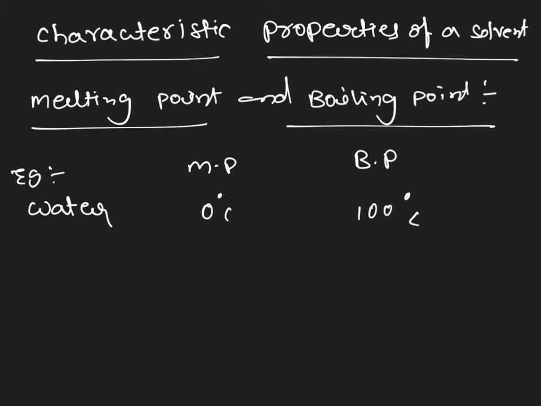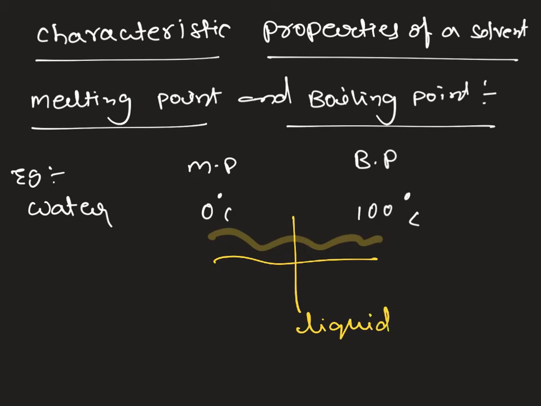So the information we get is that in between these 2 temperatures, 0 to 100 degrees, water exists in the liquid state, and we can use it as a solvent. So water can be used as a solvent from melting point to boiling point, 0 to 100 degrees, which is a very wide temperature range.